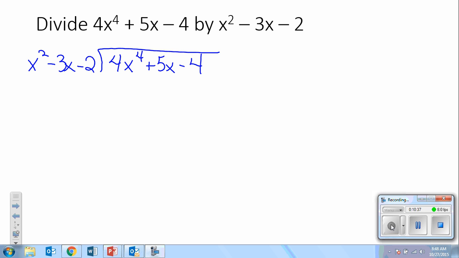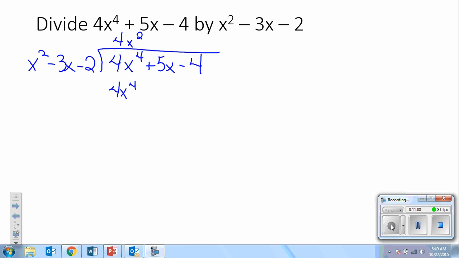Okay, I'll get you started. What do we have to multiply x squared by to get 4x to the fourth? A 1 times what gives me 4? And x squared times what gives me x to the fourth? Take x squared times this.